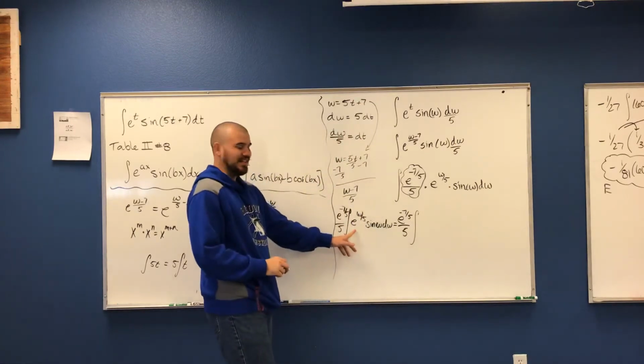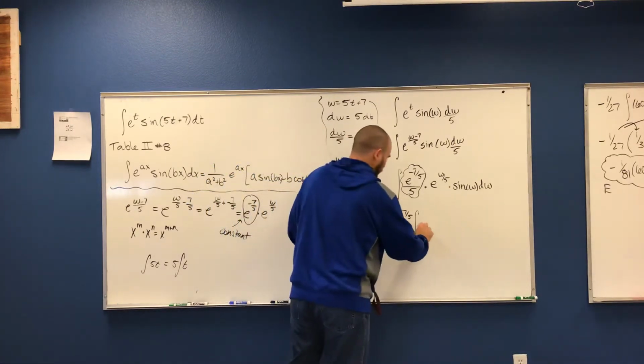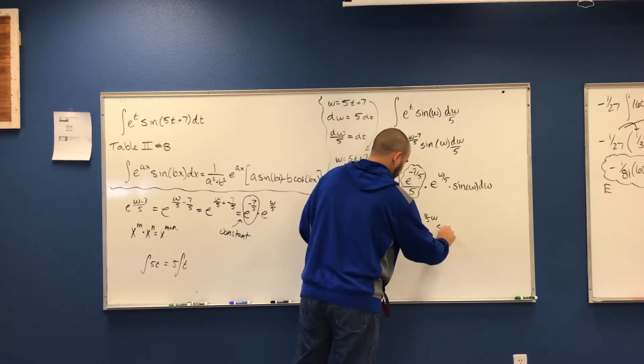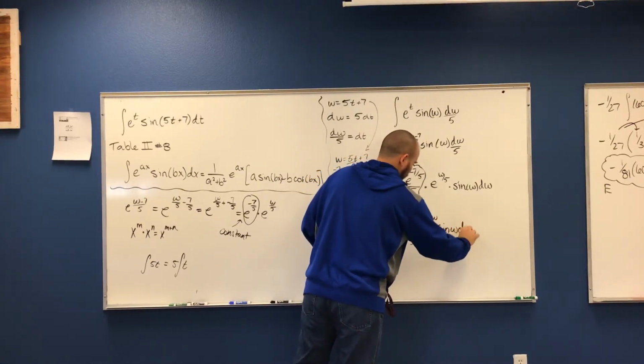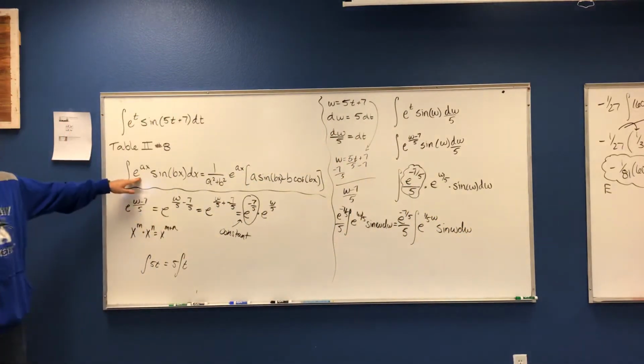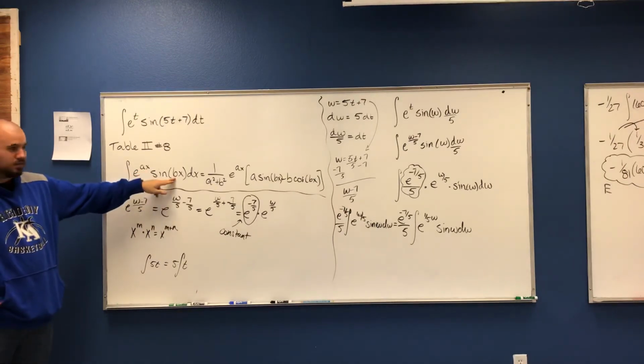I'm going to write e to the w fifths as e to the 1/5 w times sine of w dw. And that tells me that for my problem, a should be 1/5 and b should be 1.